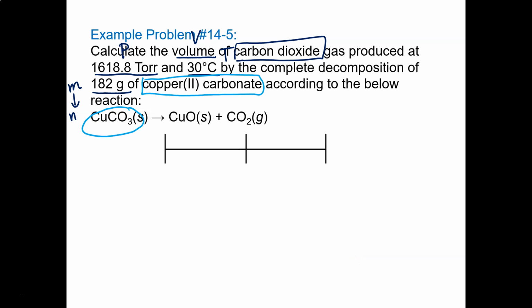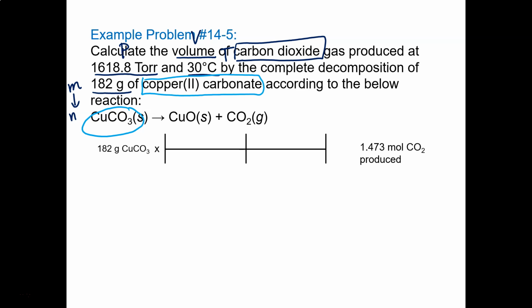So what should be my given for my stoichiometry calculation? And what should I end up at the end for my stoichiometry calculation? So what I get started with is gram of copper carbonate. That's what's given to us, 182 gram.